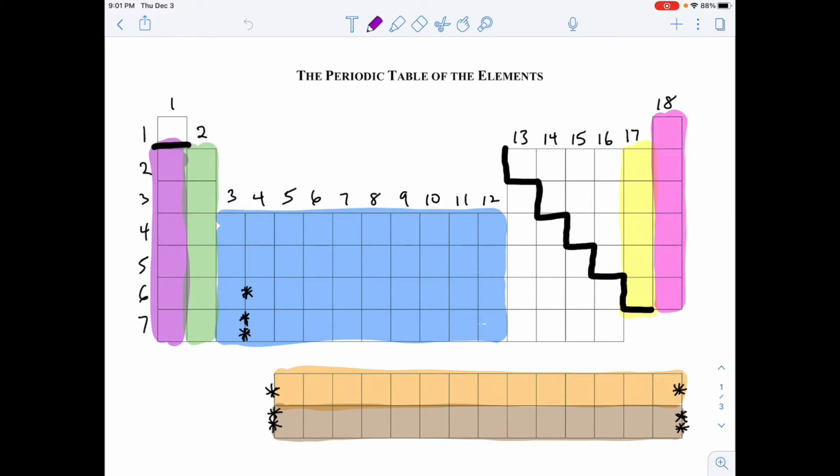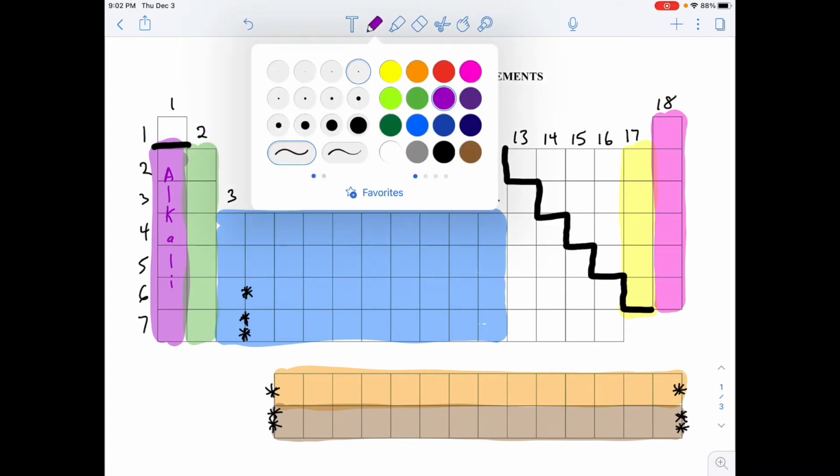Well, not memorize, but be able to identify what elements are in these areas. So in column one, in this purple, these are called the alkali metals. I just need you to know that column one are alkali metals. The exception to that is hydrogen, because hydrogen is not a metal. So hydrogen is not included in the alkali metals.